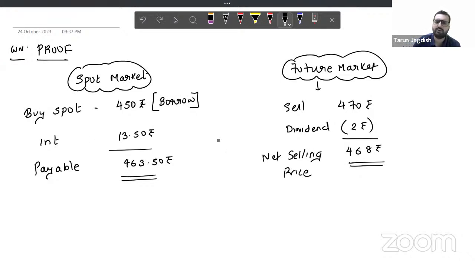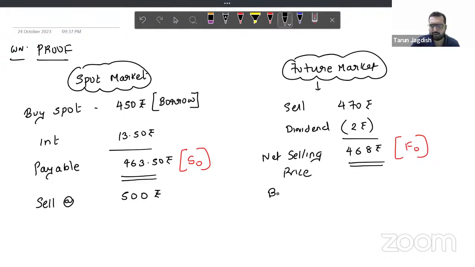So at the end, whatever be the S1, this is, let me call it as S0. And this one is your adjusted F0. Now let us assume your actual price at the end of the period is turning out to be, tell me some number. Shall we take 500? Suppose you're selling at 500 rupees. Here you'll sell at 500. Here you're going to buy at what price? 500 rupees, correct?